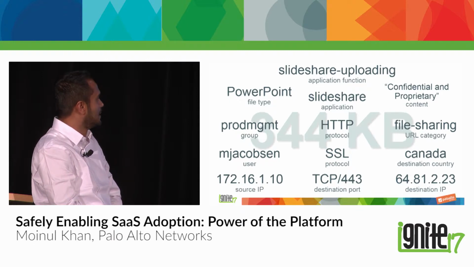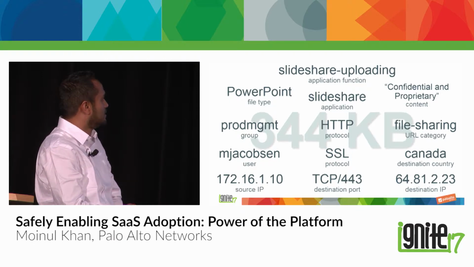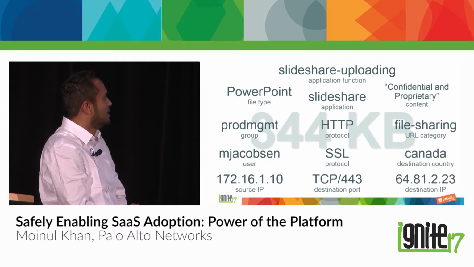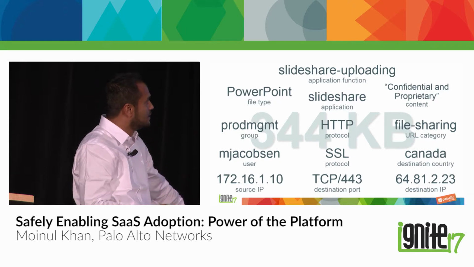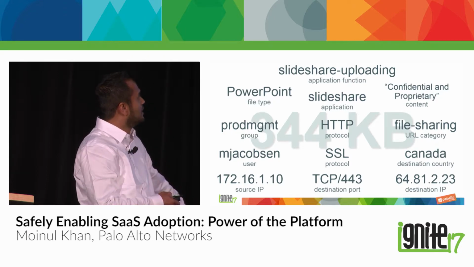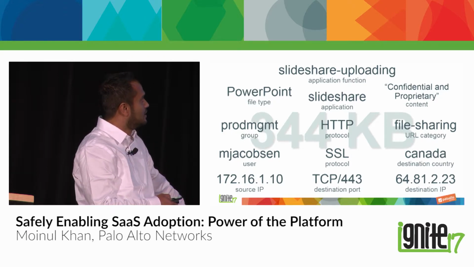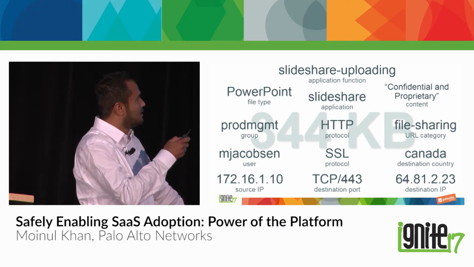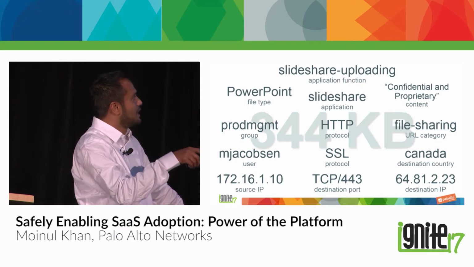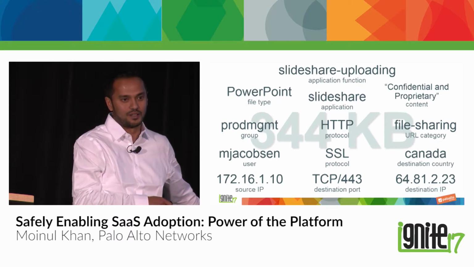Okay, so we will tell you Mike Jacobson from product management is using a file sharing application that is hosted in Canada. The name of the application is SlideShare. He is uploading a PowerPoint document in SlideShare, and then in that PowerPoint, I see a string called confidential and proprietary.